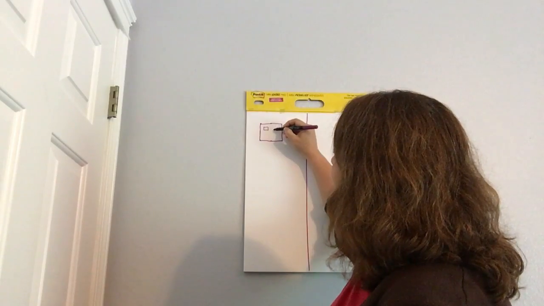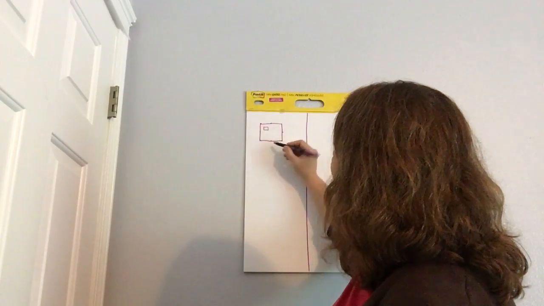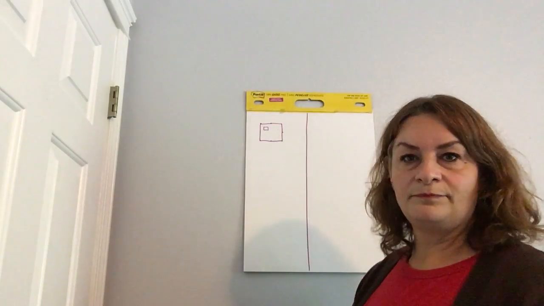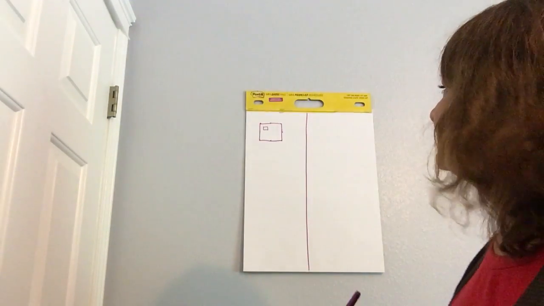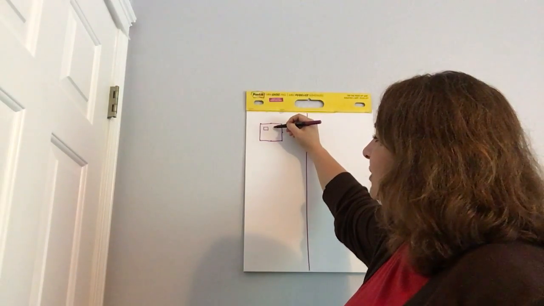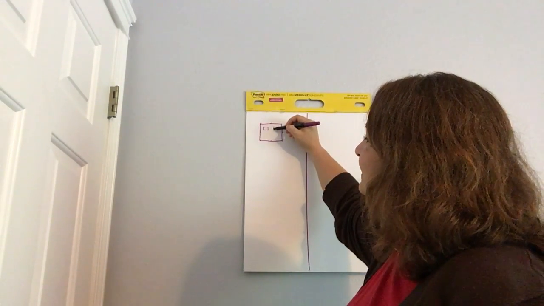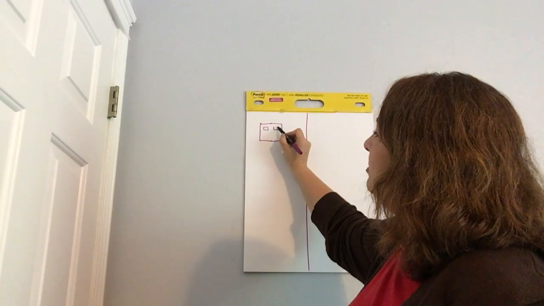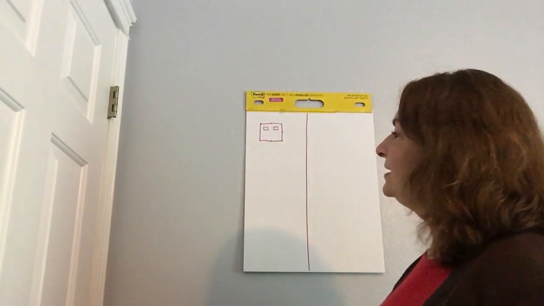And while you're doing that, I'm going to make my other dots. And we're going to start at the top and go to this next square shape. Across, up, across again.